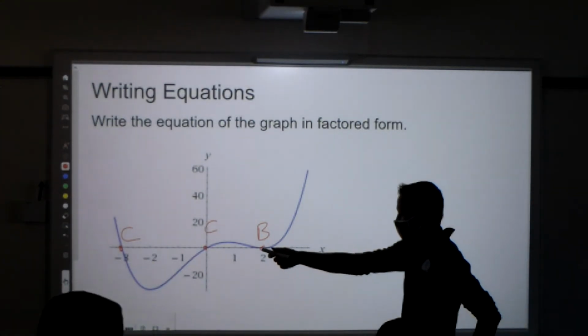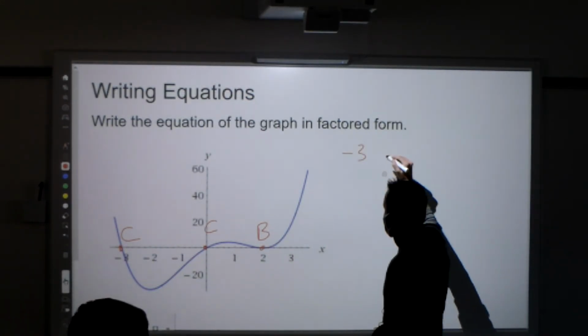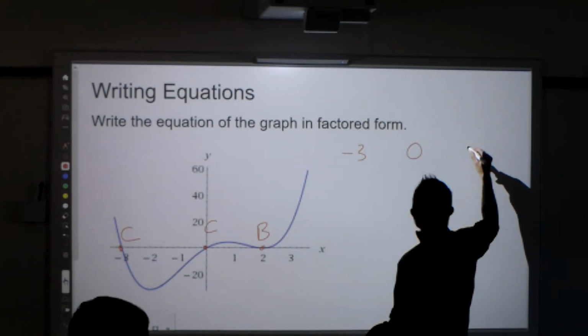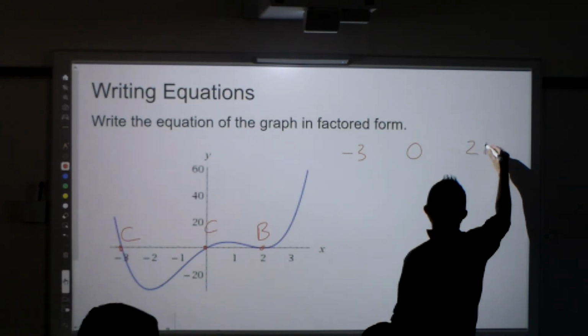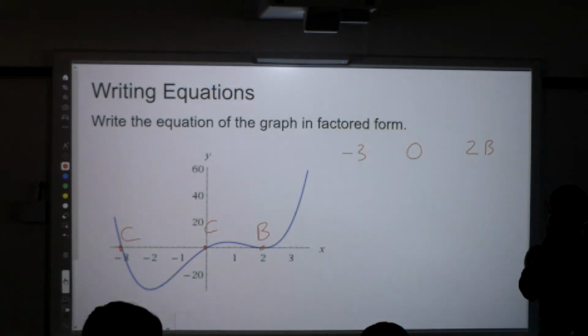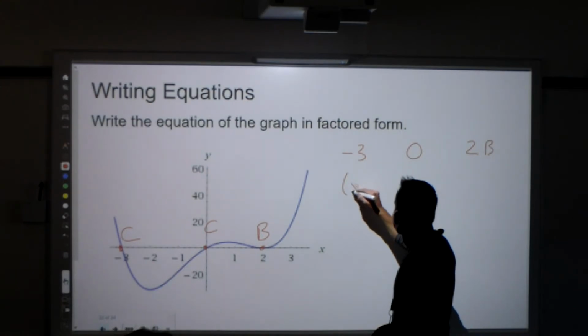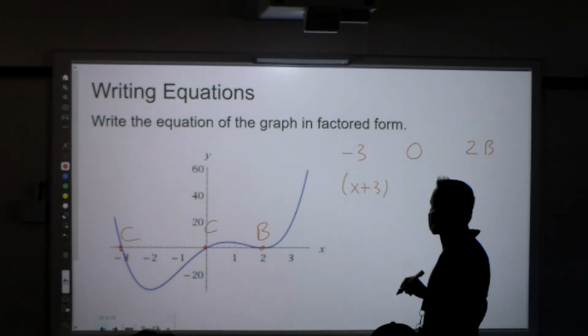So, let's put this. How do I put -3? I'm going to write this as -3, change the sign so it's x plus 3. What about just a 0?